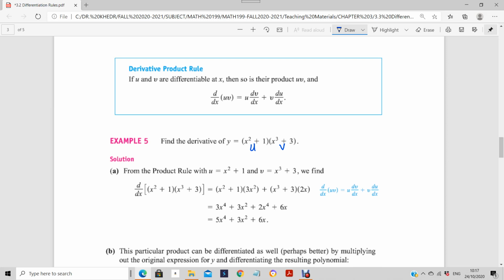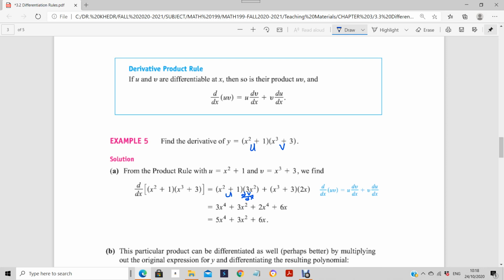So we have to multiply, see this is function u, multiplied by dv by dx, because the derivative of the second function is 3x squared. The derivative of 3 is 0. So we used here the power rule and the constant rule.